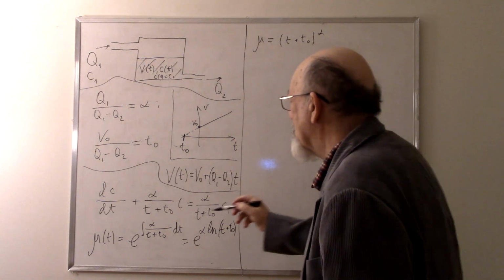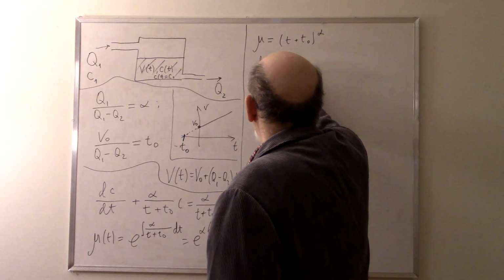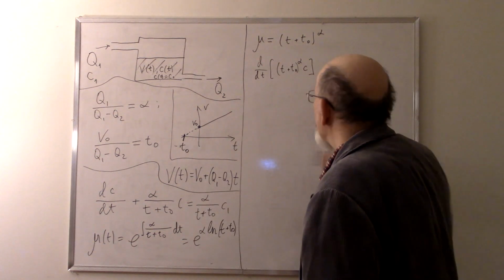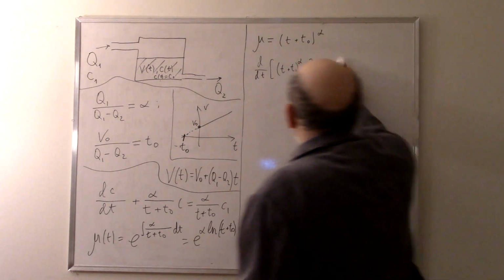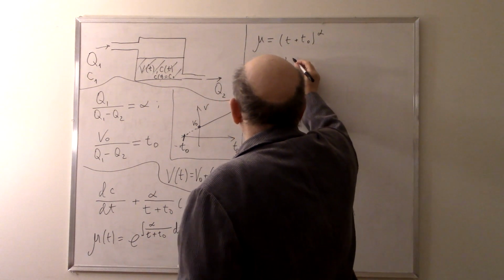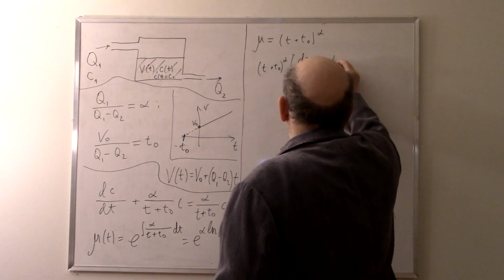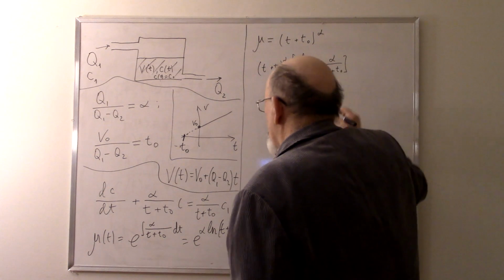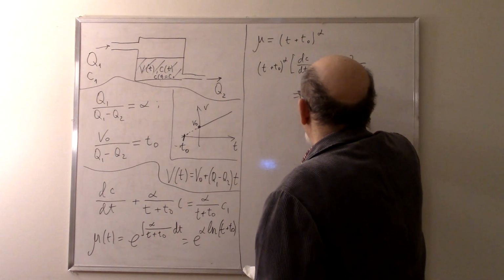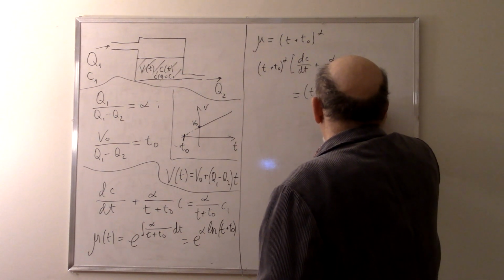Okay, now multiply both parts by this mu, and so we have d/dt of (t plus t0) to the power alpha times c equals, wait, let me write, (t plus t0) to the power alpha times (dc/dt plus alpha over (t plus t0) times c) equals (t plus t0) to the power alpha times alpha over (t plus t0) times c1.